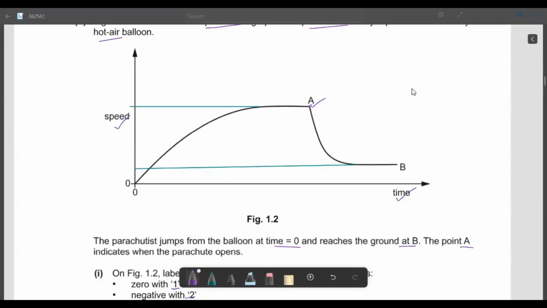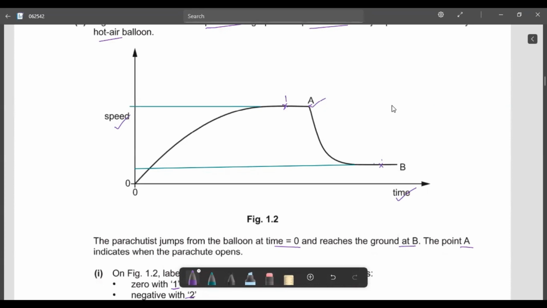That is the point of constant speed. So we can mark it here, or here also he is having constant speed. So either this point or this can be marked as 1.